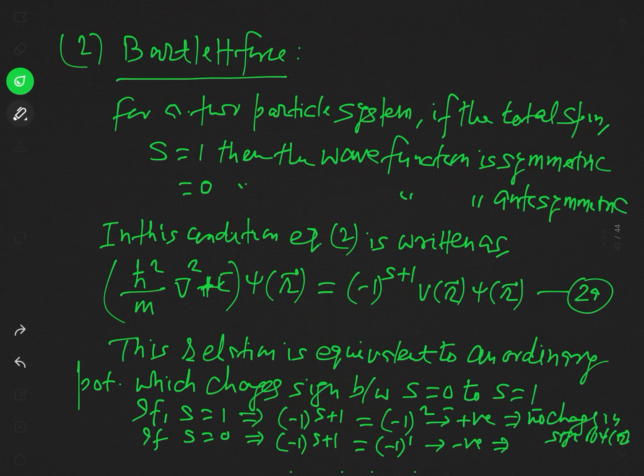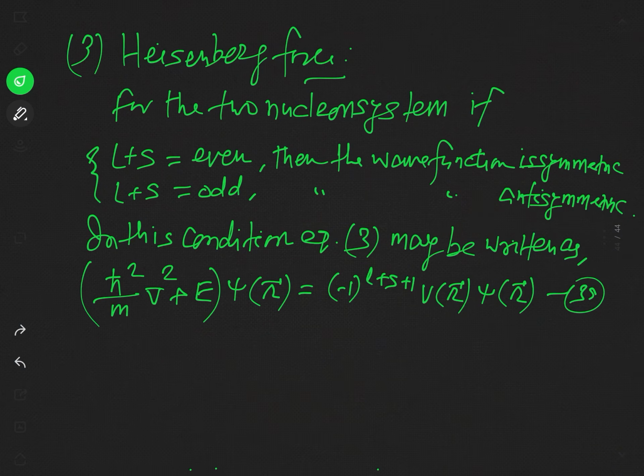And you can see this is just a combination of the equation 1a and 2a. In equation 1, there was the factor minus 1 to the power L. In equation 2, there was the factor minus 1 to the power S plus 1.